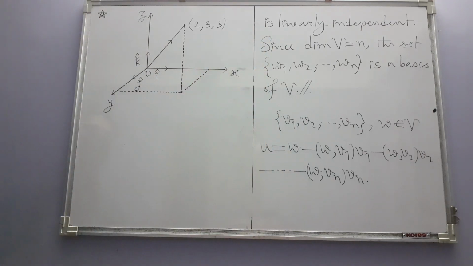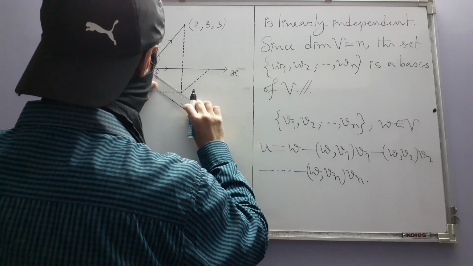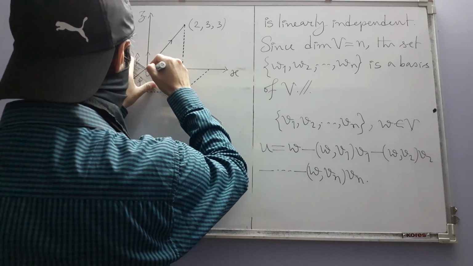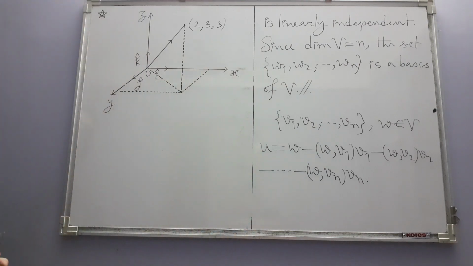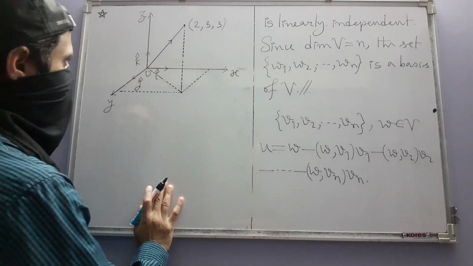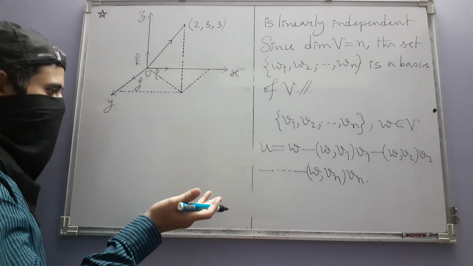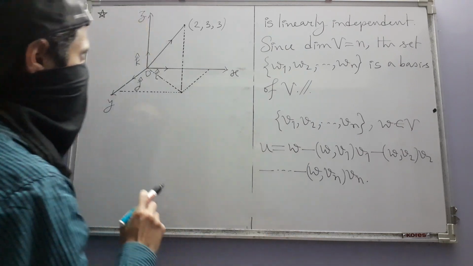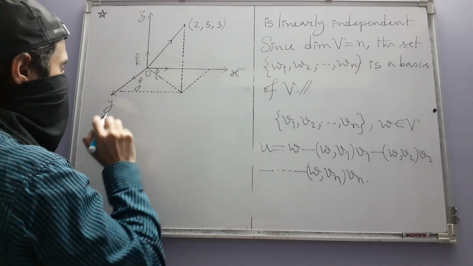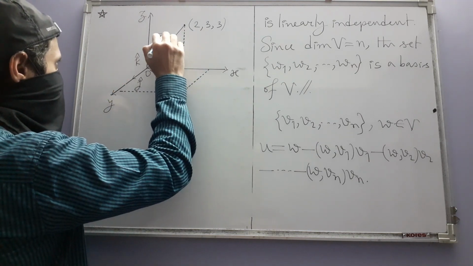Okay, and you can join the origin also with that foot of the perpendicular. So then you will see that using your parallelogram law of vector addition, you get this vector itself. So we call it V.